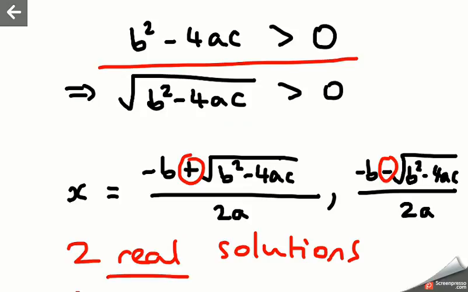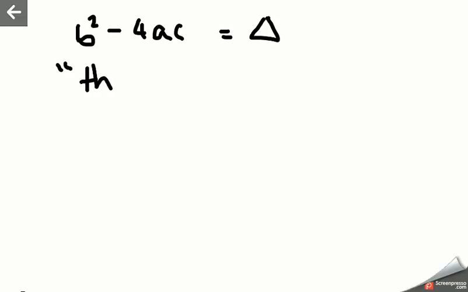Again, we use the word real here because we're talking about solutions on the real number line, that big infinite line called R. Okay, this b squared minus 4ac actually has a name. We call this thing, well, triangle is the symbol for it, and it's called the discriminant.